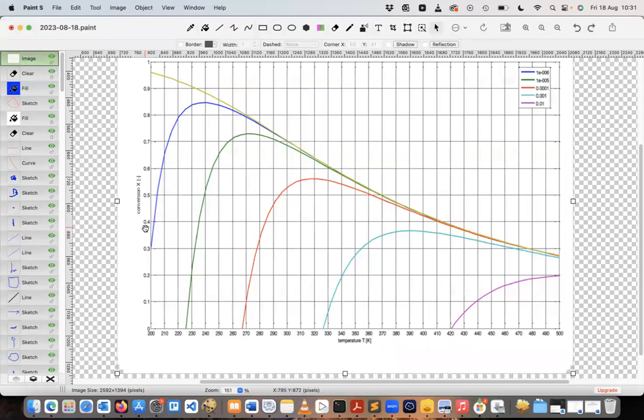So with your concentration and your temperature specified, if you pick a point here that specifies a conversion and a certain temperature, so C_A and T are defined when we pick a point, the reaction rate is also defined.